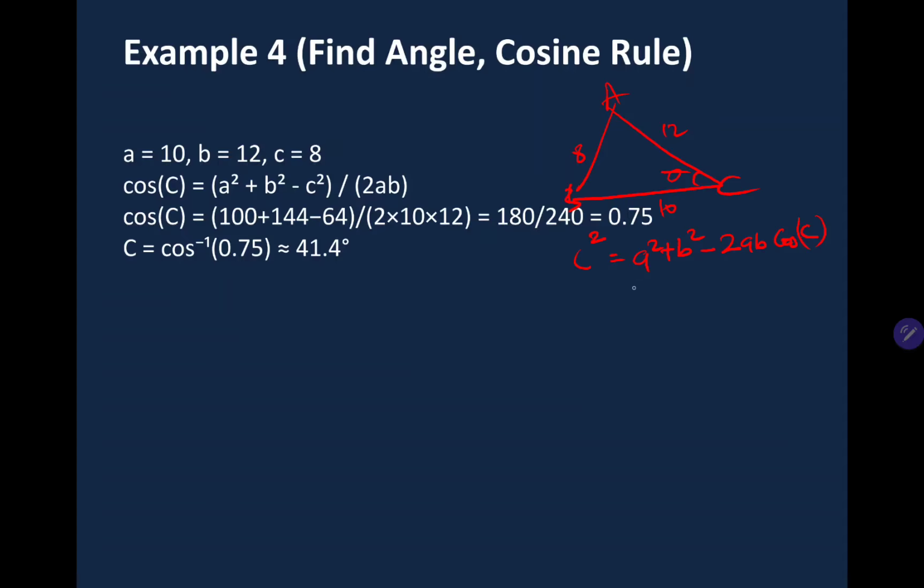Now, since we're looking for cos C, we'll make cos C the subject of the formula, which, like I told you before, will now be cos C is equal to, if you add cos C to both sides, A squared plus B squared minus C squared all over 2AB.